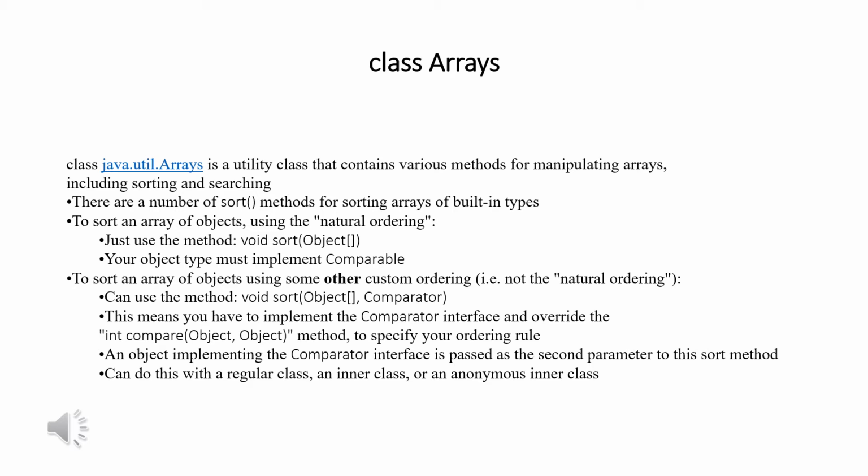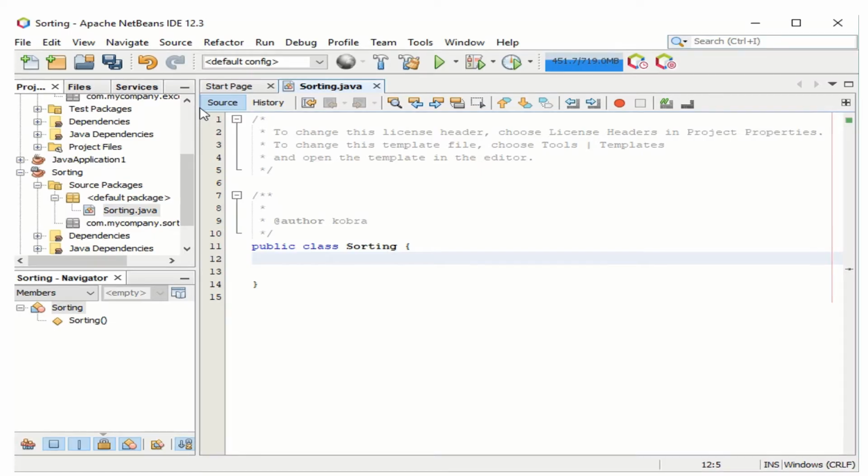To make these notions clearer, I'm going to give some more examples so that everything is clarified for you. In this example, I'm going to show you how we can have an array and how we can sort the array.